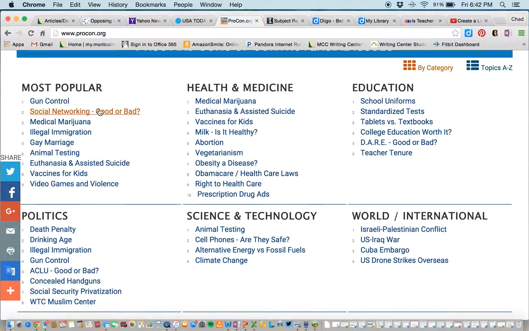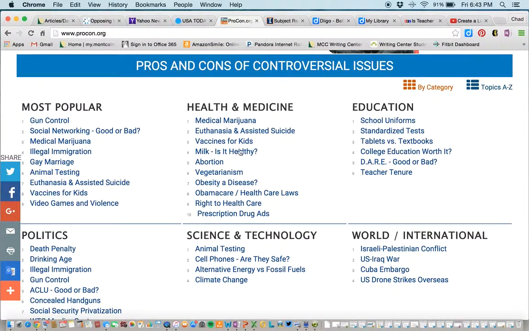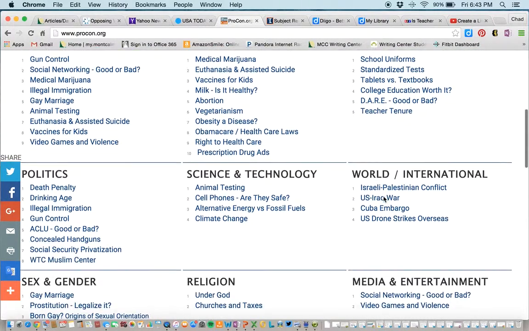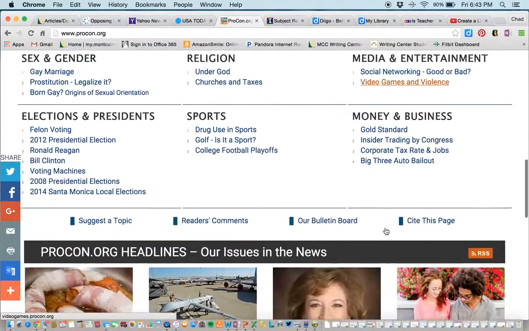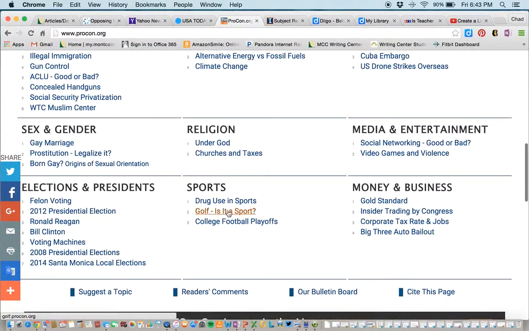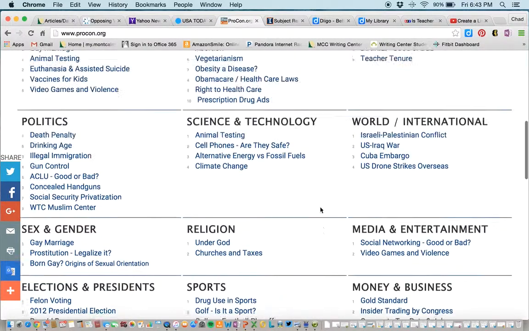And so you can see there's a most popular list here: gun control, medical marijuana, illegal immigration, animal testing. You saw some of those kinds of things in my list. You can look at these by category like this. So we're looking at health and medicine, education, world international issues, science and technology, politics, religion, media and entertainment. We've got all kinds of stuff here. And yes, we have sports here.